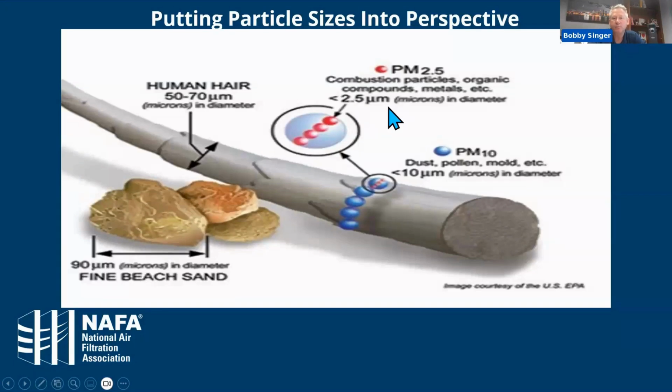Combustion particles, metals, organic compounds, things of that nature, are smaller than 2.5. And then dust, pollens, molds are PM10, so they're 10 micron and smaller. So this gives you a good indication of how small we're really sampling with this equipment, down to 0.3 micron. It's pretty impressive if you actually think about it.